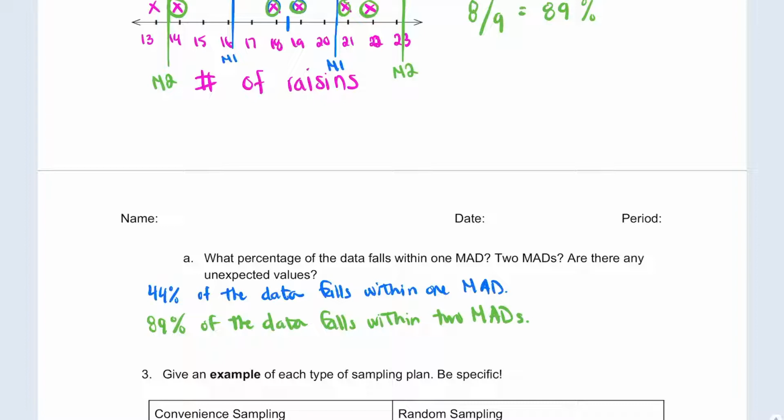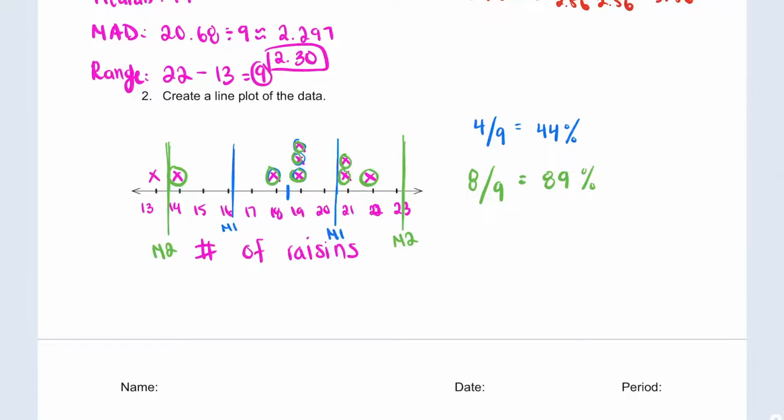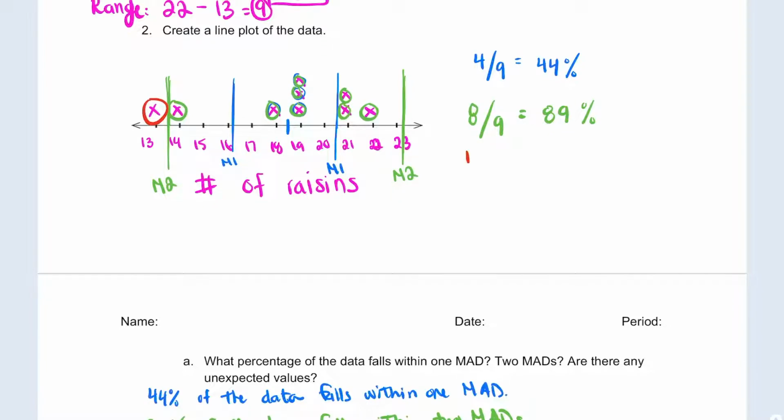Okay, now are there any unexpected values? Are there any outliers here? Do you see any data values that are outside of our M2 fences? Yes, in fact, we have 1. If we change this into a percentage, 1 divided by 9 gives us approximately 11%.